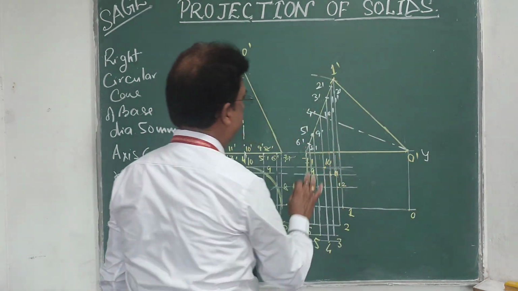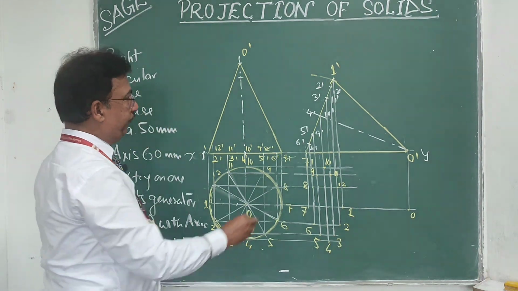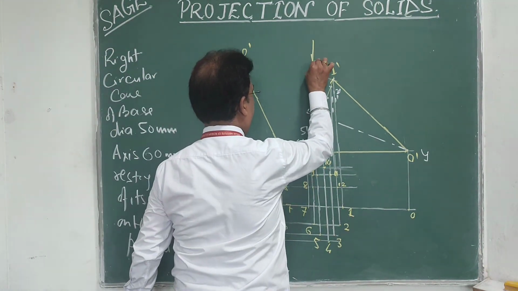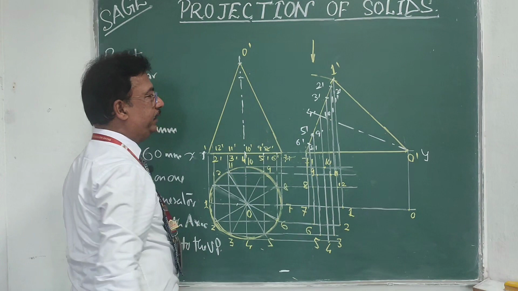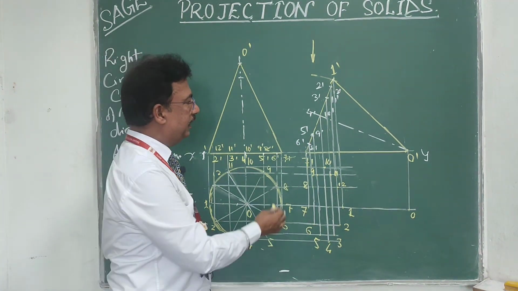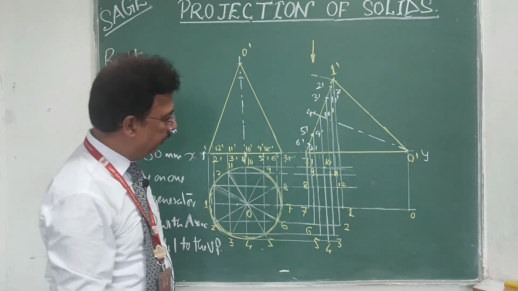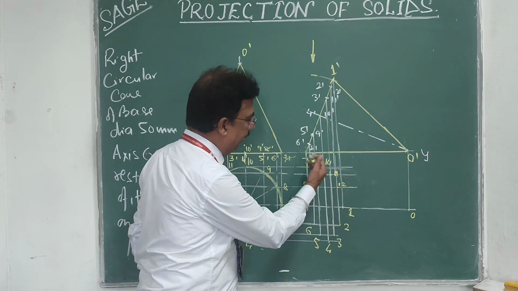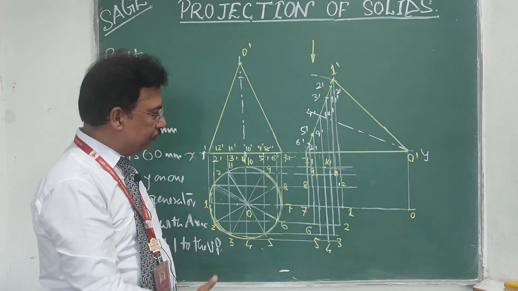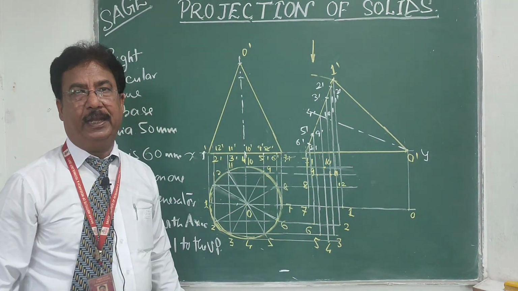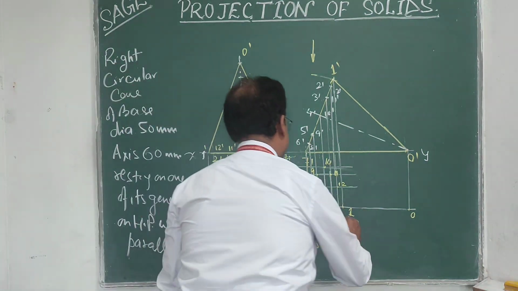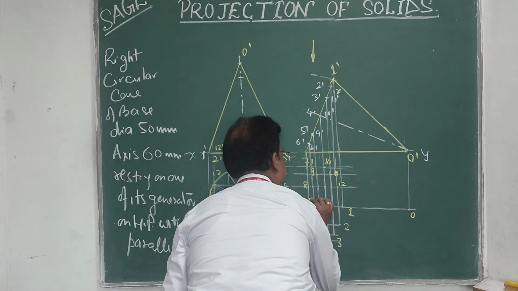So now if we look at the figure, when we are looking from the top, this is the direction for the top. You know that whenever the apex will be nearer to the reference line, the base will be visible. Now this circle will look like an ellipse. So I will join all these points with the help of a freehand curve, and that we will get the ellipse.